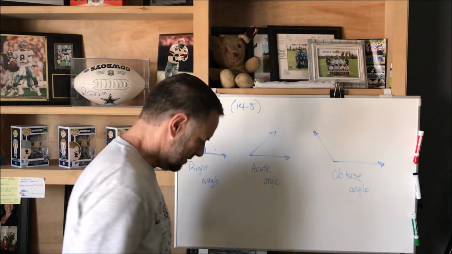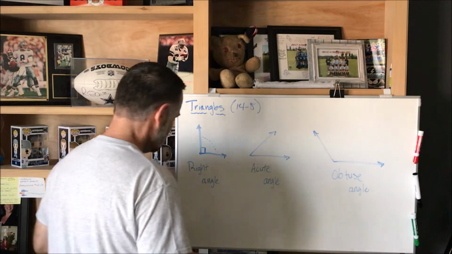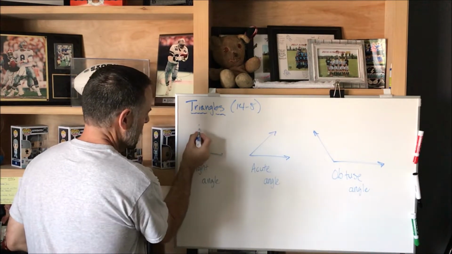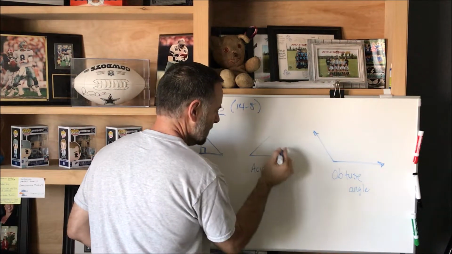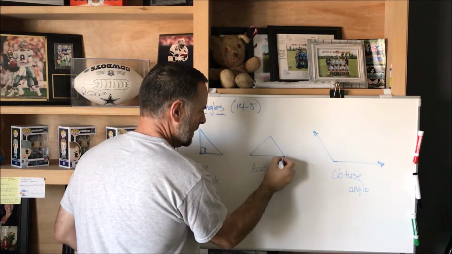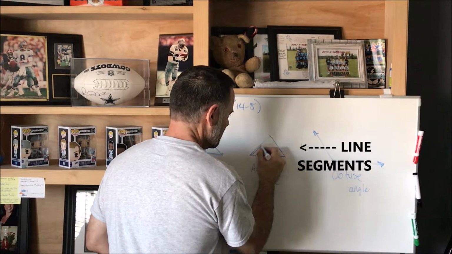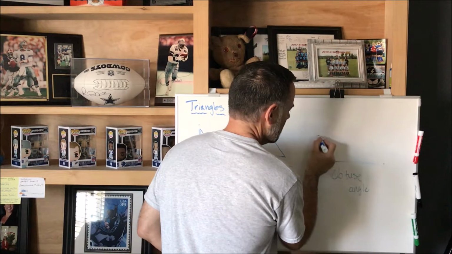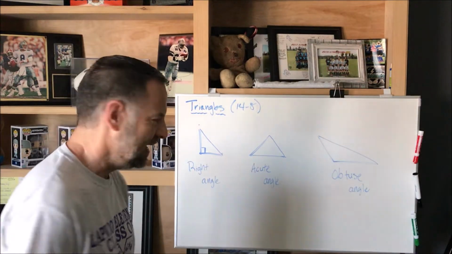Well, in order for us to make these all triangles, we're going to basically just do this. Take my arrowheads off because I'm not going to make these lines anymore. They're going to be segments, even though that's an ugly segment. It's still a segment. Arrows off. Now look at all these triangles I have.